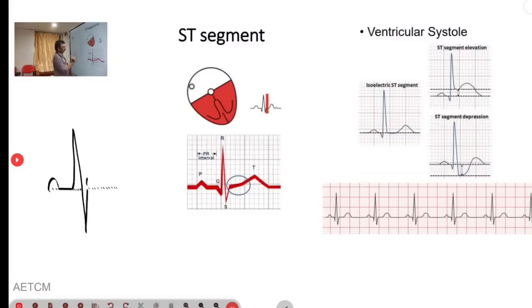Okay. If it goes above, you call it ST segment elevation. If it goes below, you call it ST segment depression. So here you can see ST segment elevation, here you see ST segment depression. Normally it is in the isoelectric line. Okay.